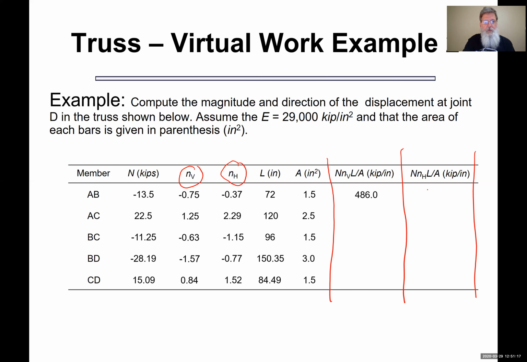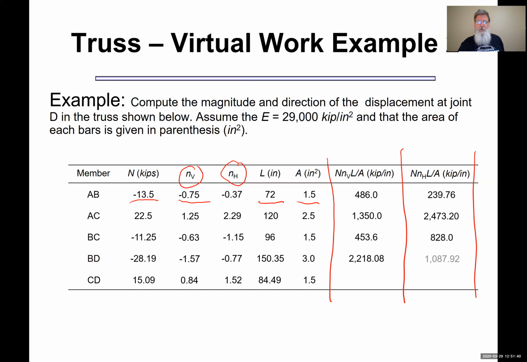So that number again would be this times this divided by A. So I'm not using the horizontal value here. I'm using that in the second column, or actually the last column. And then complete that for the entire structure. Looks like I've got no non-zero values here.